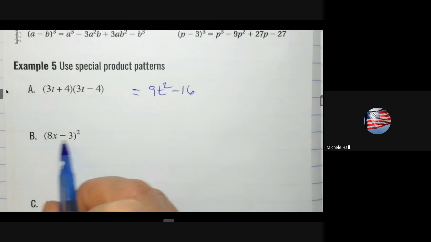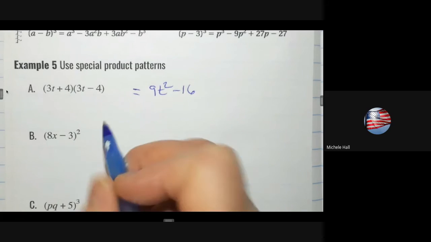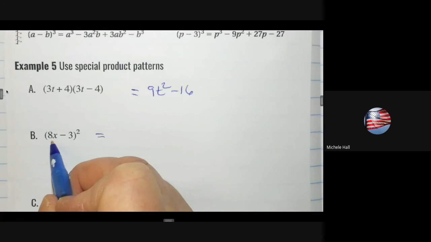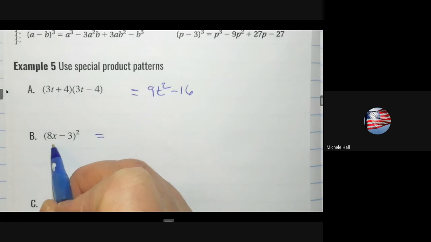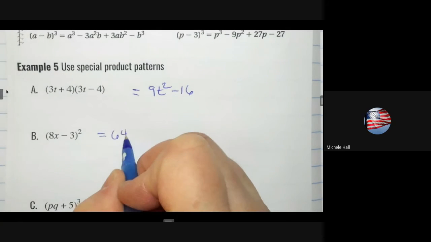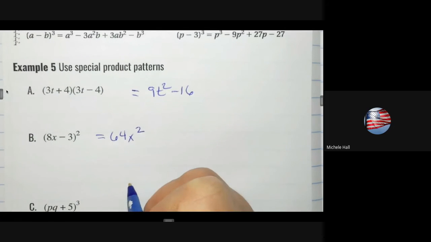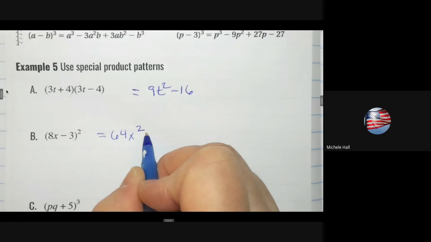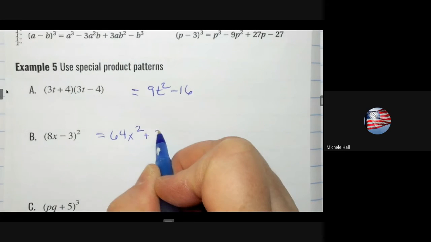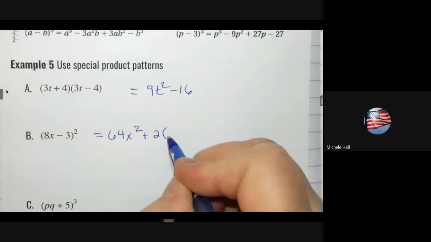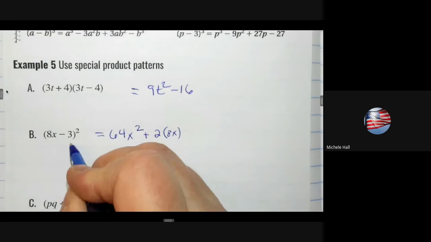Okay, how about a binomial, 2 terms being squared? We know the first term, 8x squared, is going to be 8x times 8x, which is 64x squared. We know the second term is going to be 2 times the first term times the last term.